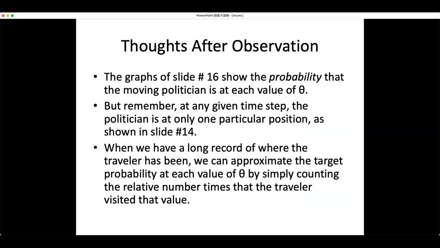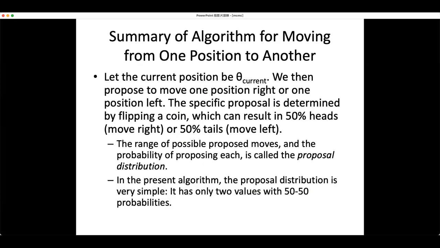Yeah, I think I already explained this, but the current theta will propose to move one position right or one position left. The specific proposal is determined by flipping a coin, so the probability is 50% head, 50% tail.